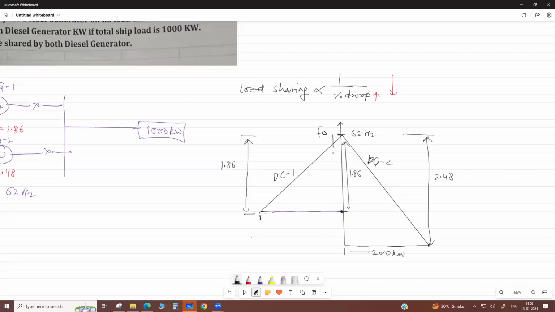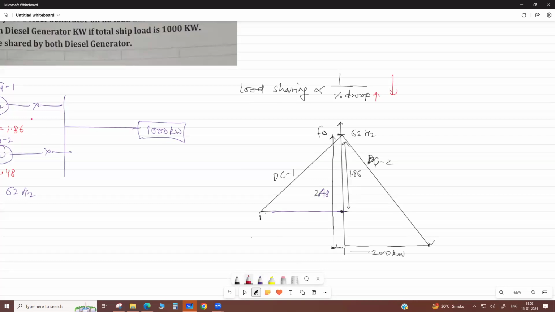And this drop from here to here, for generator 2, due to the droop setting of 4%, is 2.48 hertz. Now, let us see.